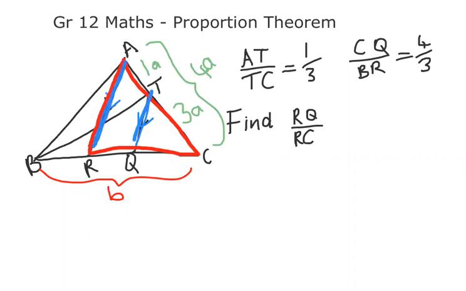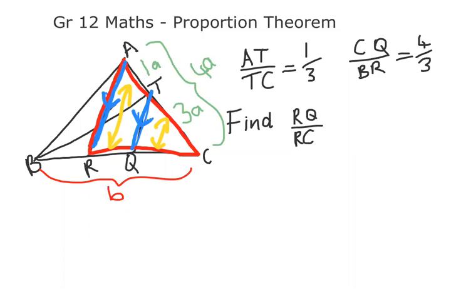If you just focus on the red triangle and the lines that are parallel, you can see these two lines are opposite each other and these two lines are opposite each other.